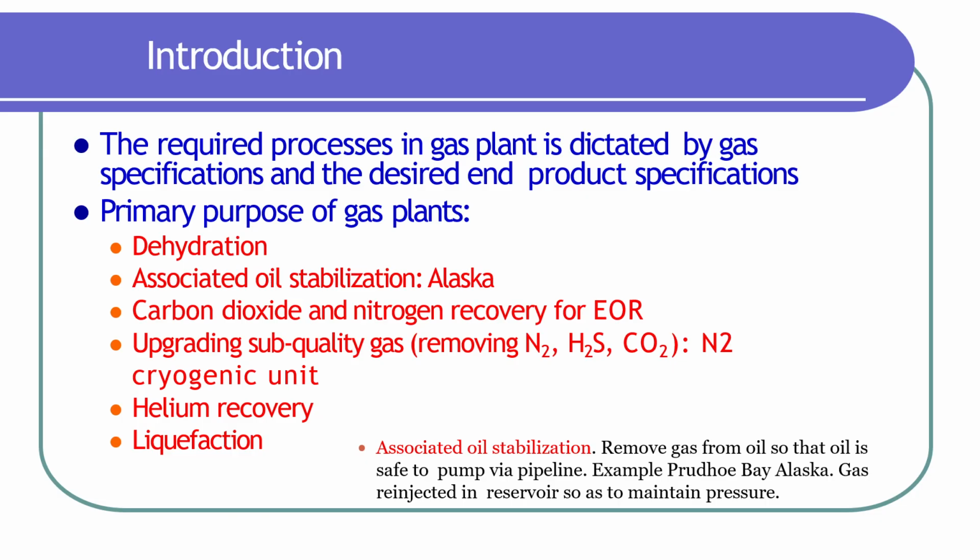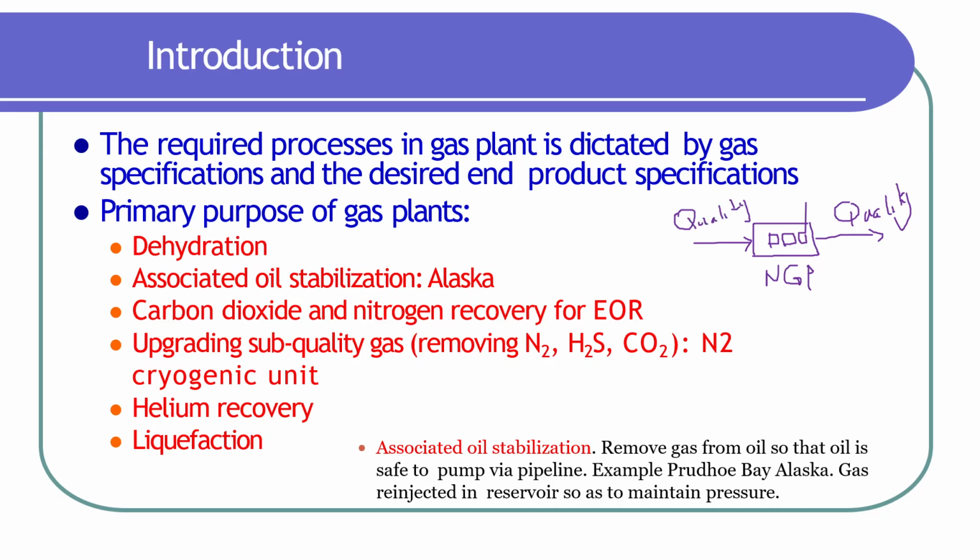Normally, what kind of processing is required will be determined by the quality of the gas that you are interested in producing. Here, this is what we call the natural gas processing. What kind of process is included in this natural gas plant, or the type of process that's required, will be determined mainly by the quality of the gas that you are producing, and also by the quality of the input gas as well.